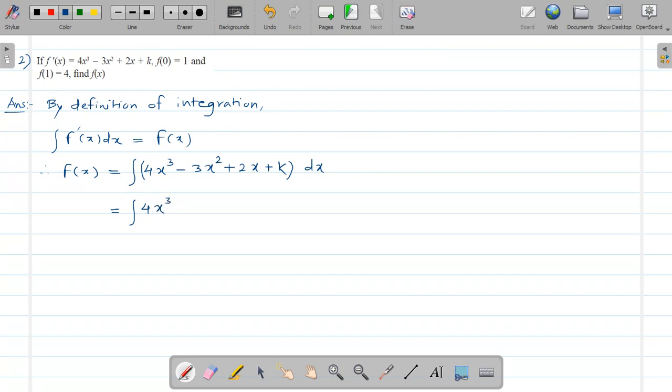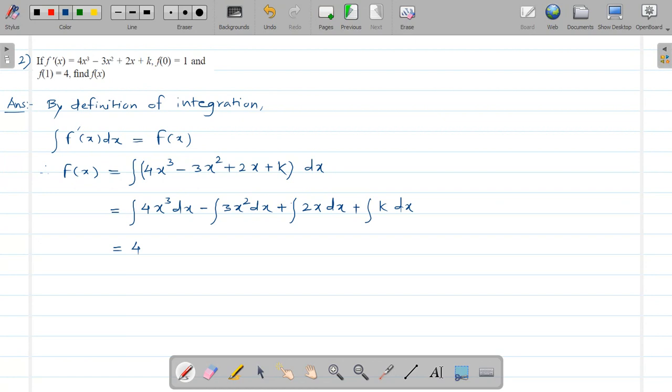So integration of 4x cube dx minus integration of 3x square dx plus integration of 2x dx plus integration of k dx. Here it is addition, so you can take the separate integration of every term.